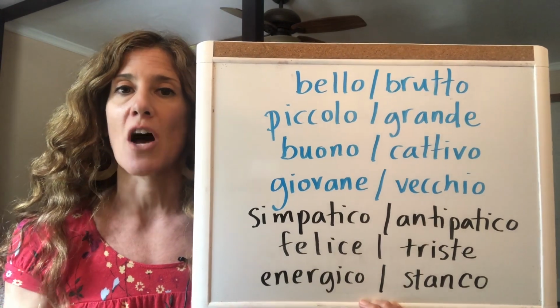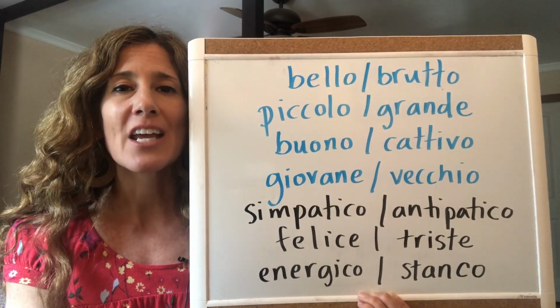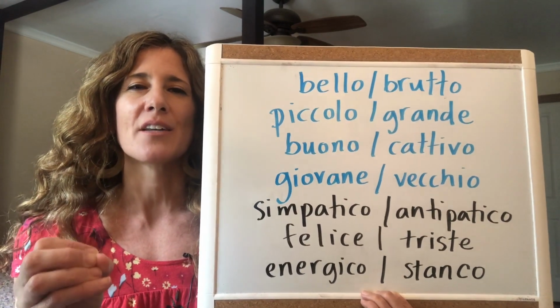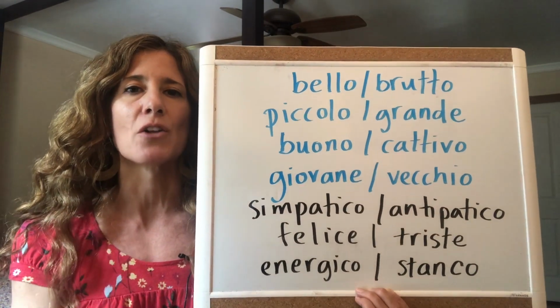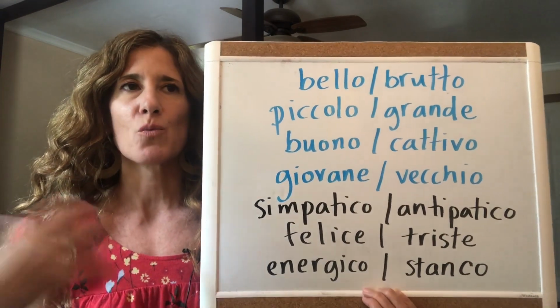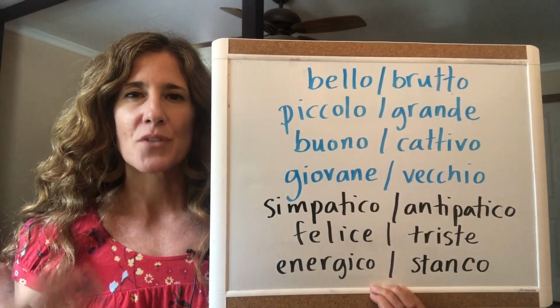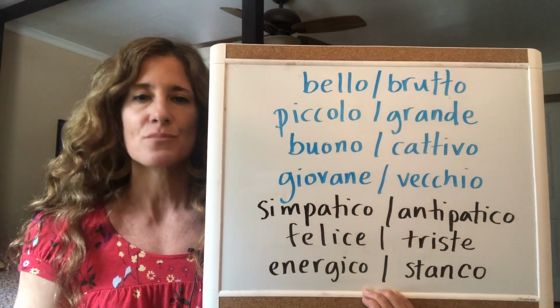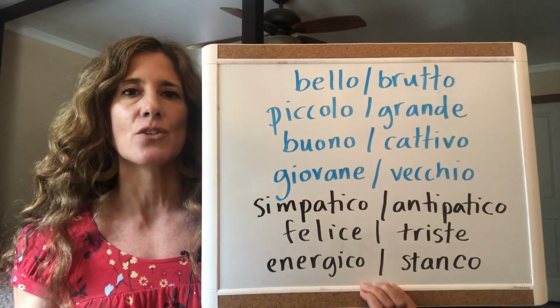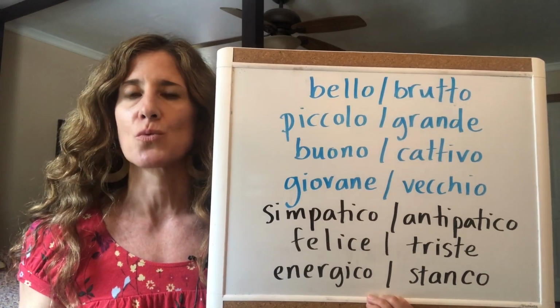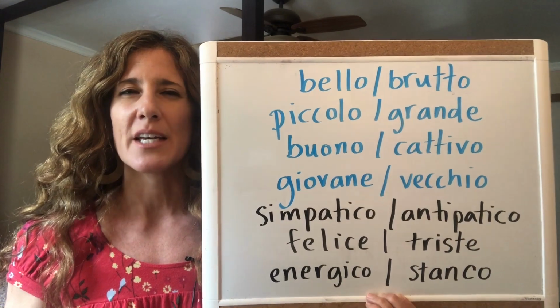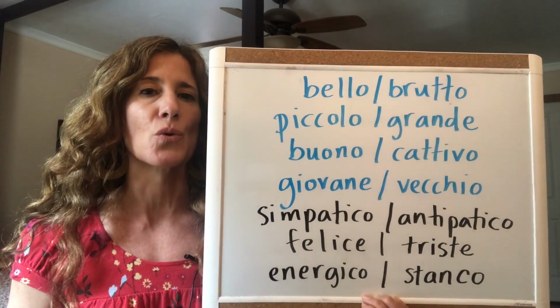Giovane also does not follow the rule. Vecchio, that IO at the end is sort of blended, so it does follow the rule. But with the rules of pronunciation, unfortunately in Italian, there are not a lot of accents written. And so you're just going to have to get used to learning these rules of pronunciation with time if the accent defies the rule, okay?